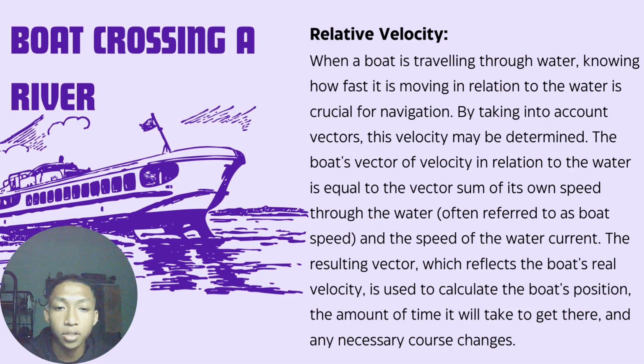The boat's velocity vector in relation to the water is equal to the vector sum of its own speed through the water, often referred to as boat speed, and the speed of the water currents. The resultant vector, which reflects the boat's real velocity, is used to calculate the boat's position, the amount of time it will take to get there, and any necessary course changes.